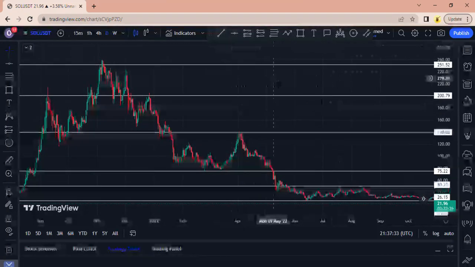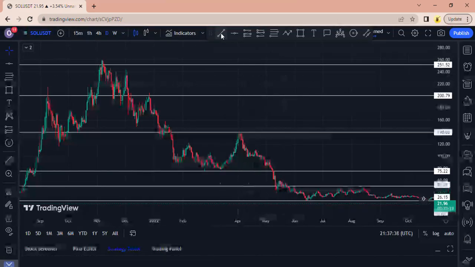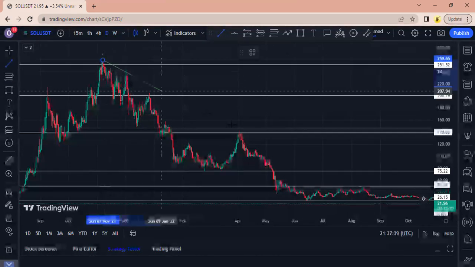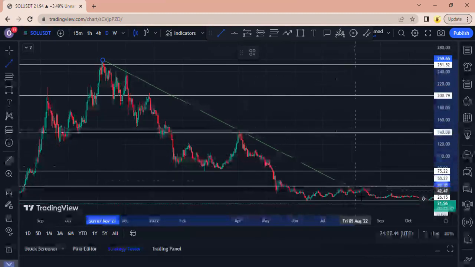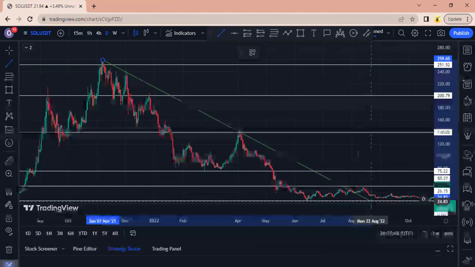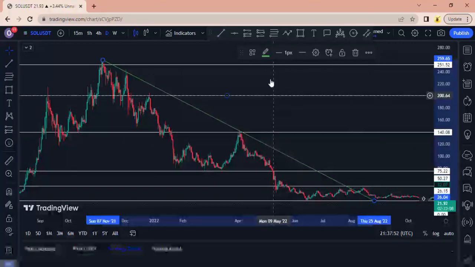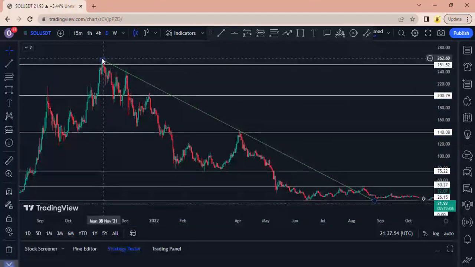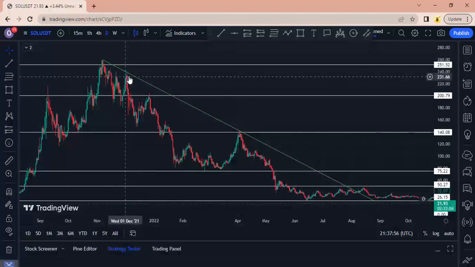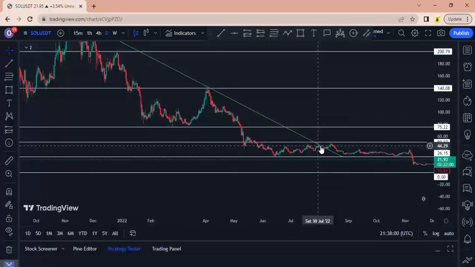For a downtrend, you always put the trend line above the candles. So I can spot this downtrend, which is right here. I'm having a good number of touches. With a trend line, you want to make sure you are getting a good number of touches. So I'm having a first touch here, a second touch here, a third touch here, and then a final touch right here.